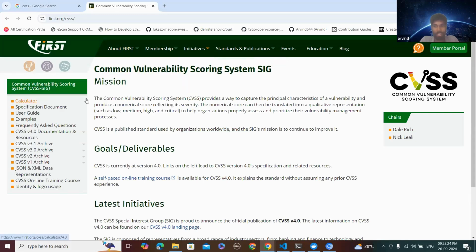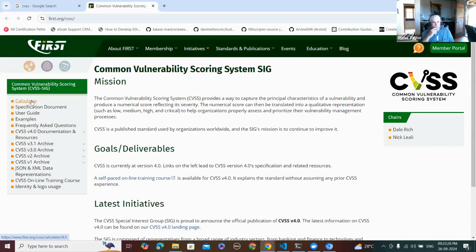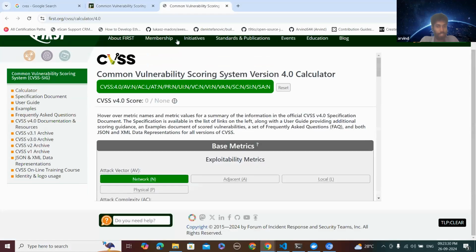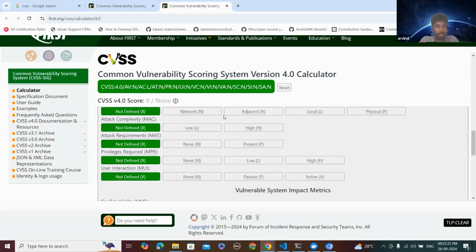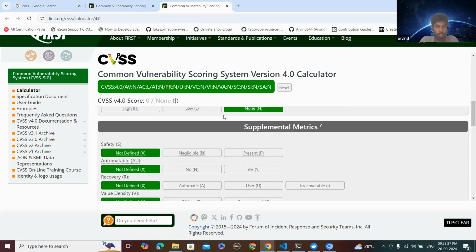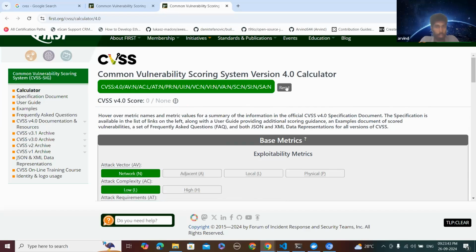Where to go now? Yeah, the calculator is the one that you use. You throw in a string, and it will come back and tell you how things are applying. So I have to click reset? No, it already did it for you.